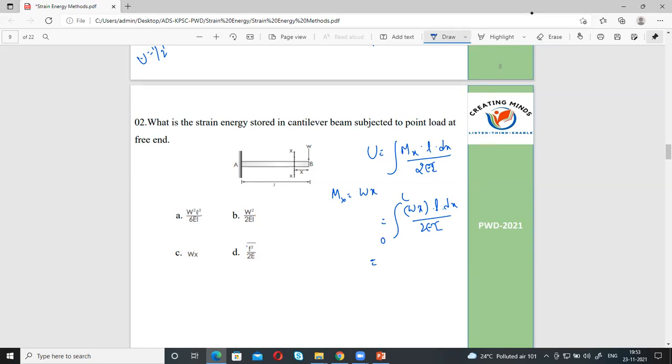If you take all related terms outside, WL by 2EI, you get x square by 2, 0 to L. So L square by 2, WL cube by 4EI.